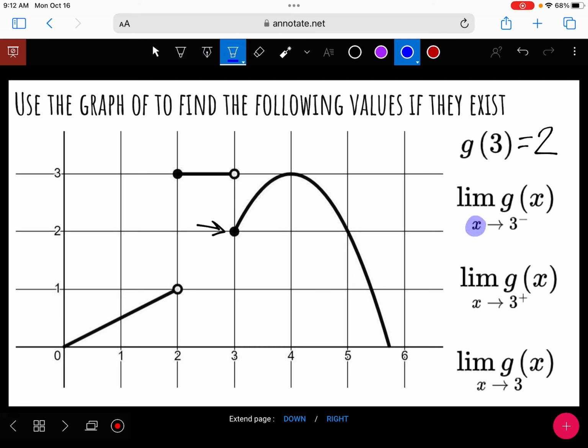So as x approaches 3 from the left-hand side, that's what the minus sign means, as my x's get real close to 3, what do my y values approach? 3. So the limit as x approaches 3 from the left is 3.